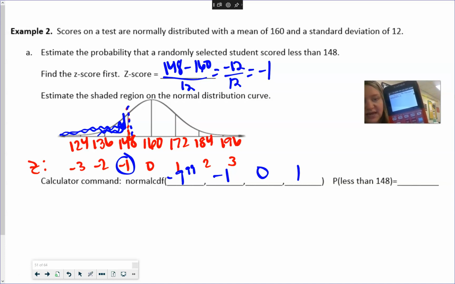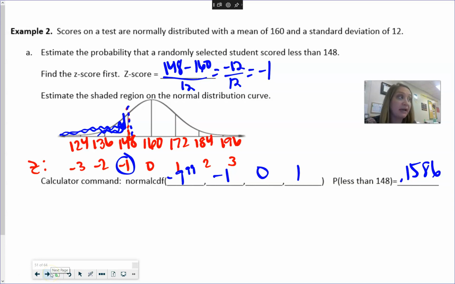Push enter one more time, and we have 0.1586. I think I said that backwards. So about 15.86%. All right. So that was a whole number. Pretty much what we did last time.